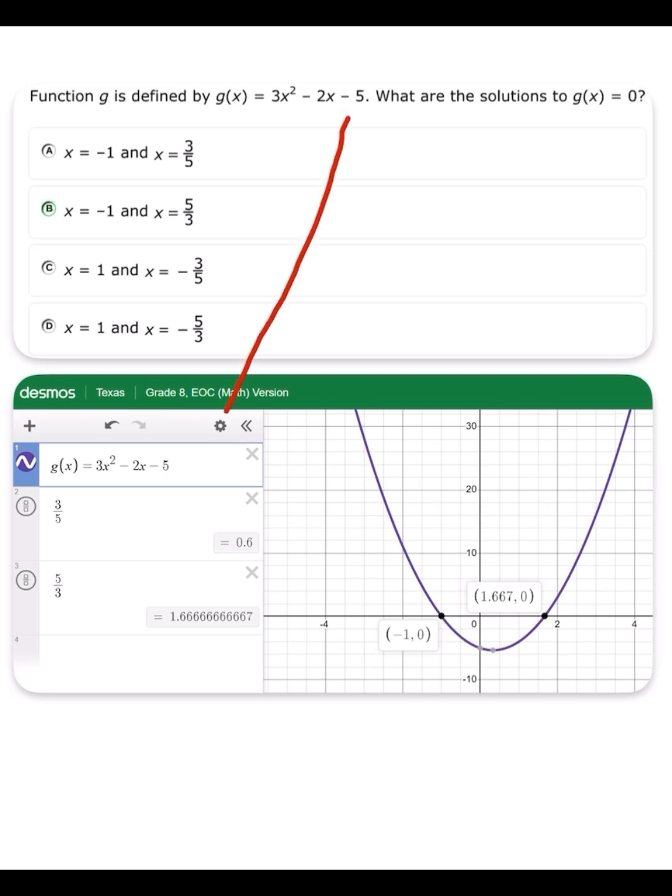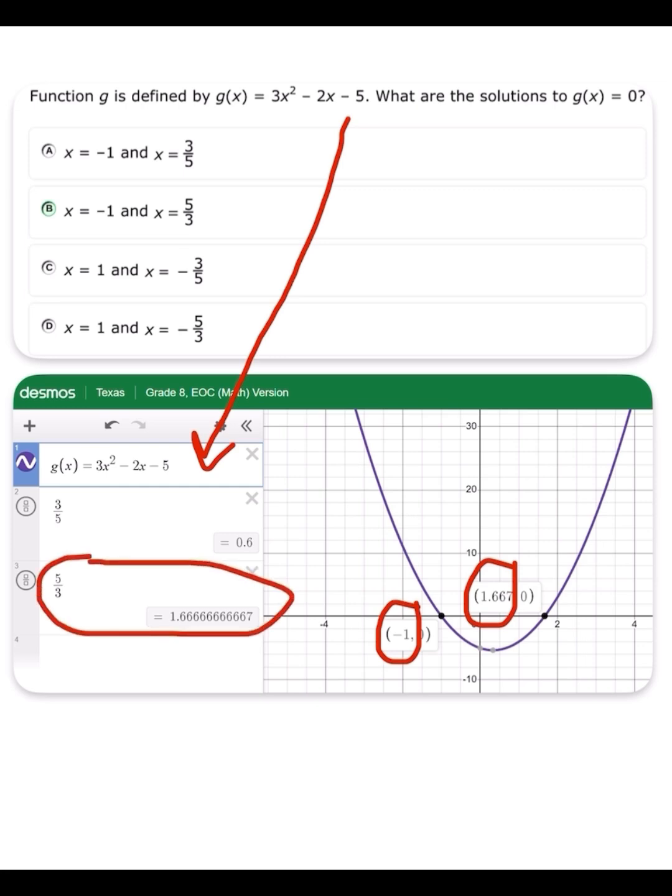The graph of the function produces the x-intercepts of -1 and 1.667. Convert the answer choice fraction into decimal value to match with the graph values. Answer choice B is the correct answer.